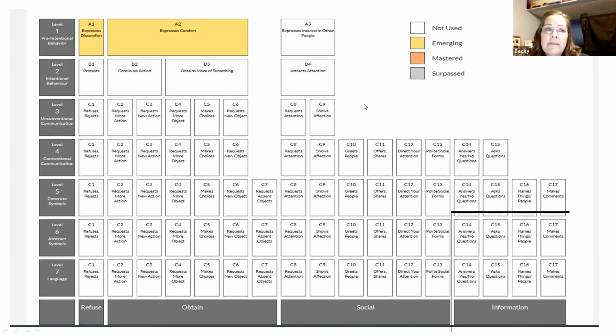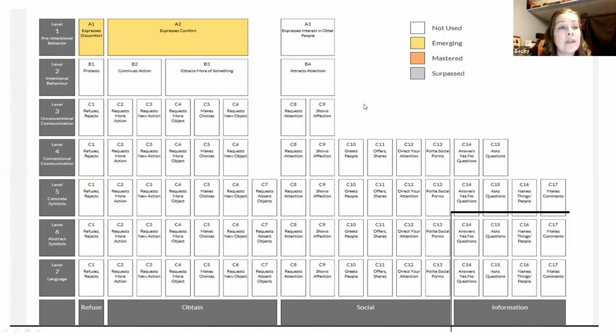And typically developing kids are usually about 0 to 3 months in this pre-intentional behavior at level 1 of the communication matrix. And we're going to progress through this. I'm going to try and make this a really quick review, a preview, or introduction to the communication matrix, because it really does help us pinpoint how to introduce objects and pictures and abstract information to our students.